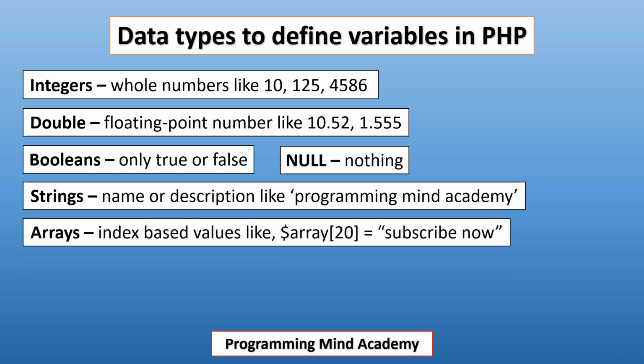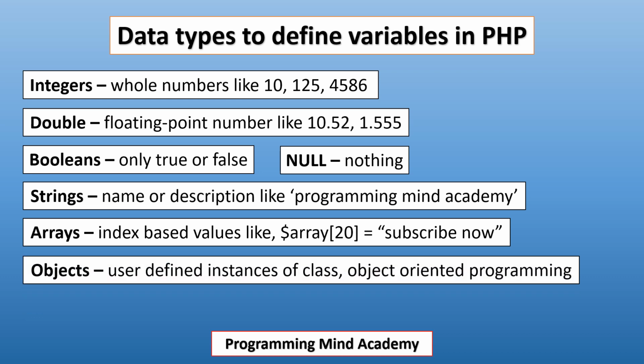Arrays are index based values, like we are storing here in $array. It will store 20 elements, so we have stored the sentence or words after assigning it by using the equal to sign, that is subscribed now. Objects are user defined instances of a class.